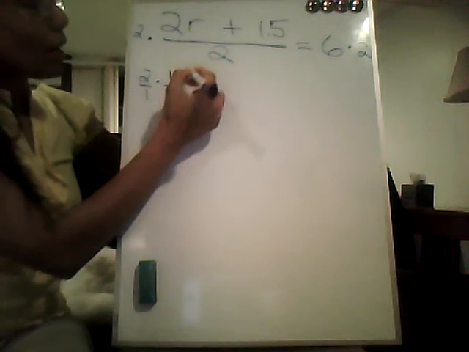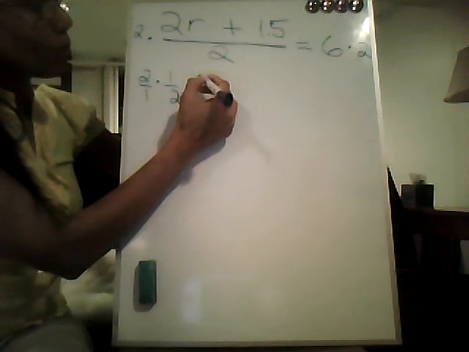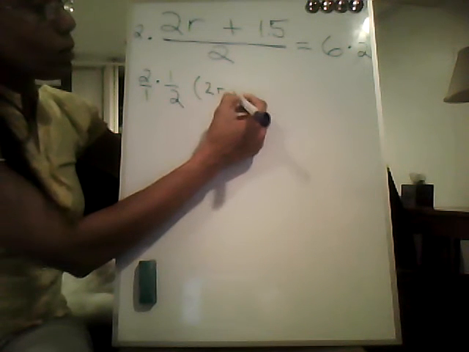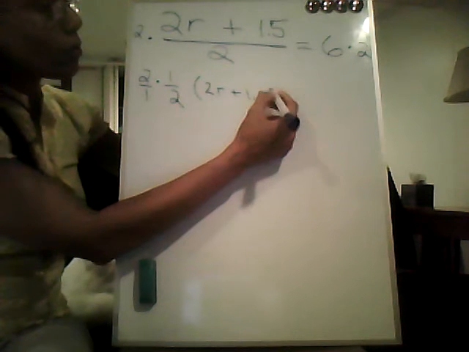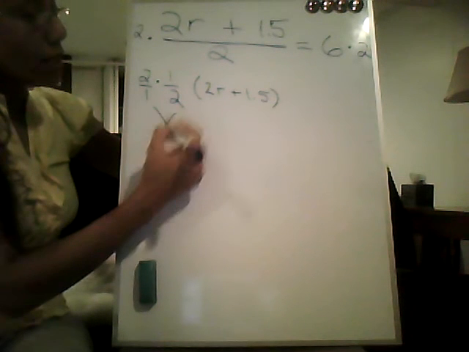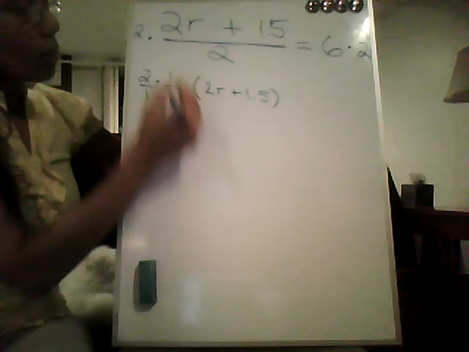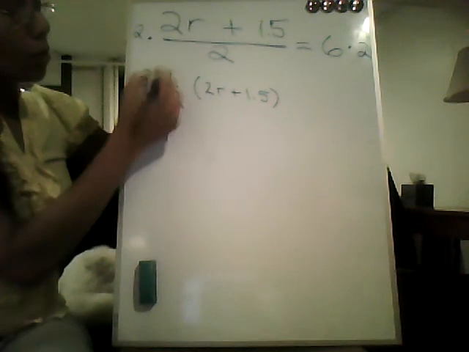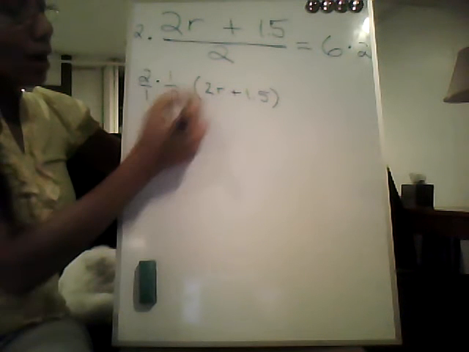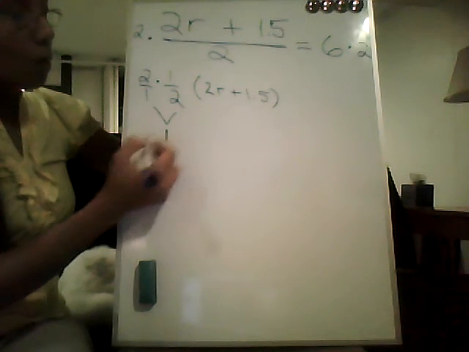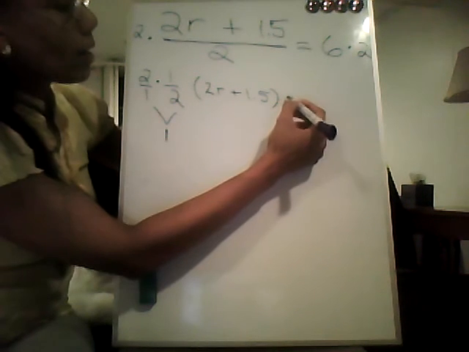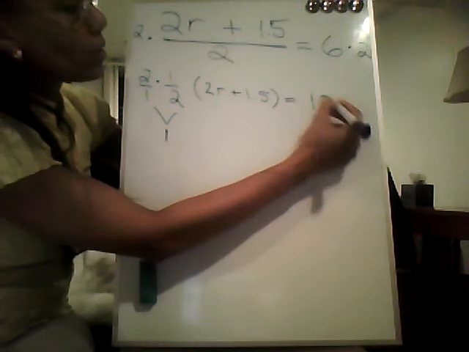So this becomes 1 times 2r plus 1.5. So we're going to write this as 1, and we can just ignore this going forward as it is multiplying by the identity 1. And on this side we have simply 12.